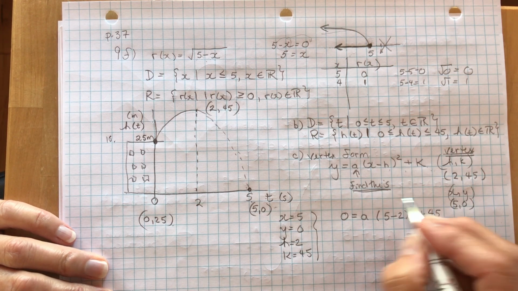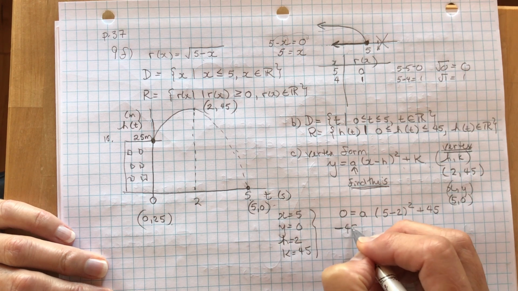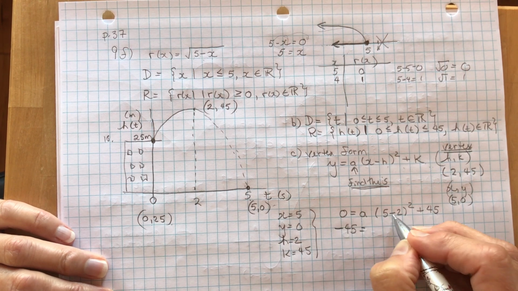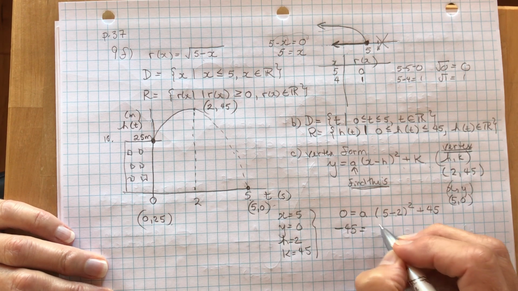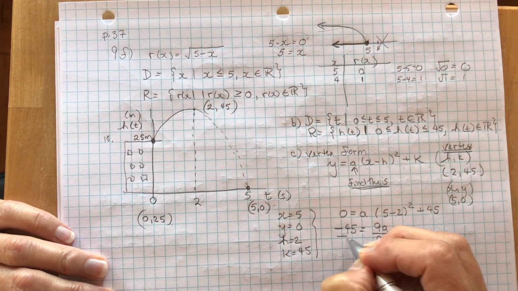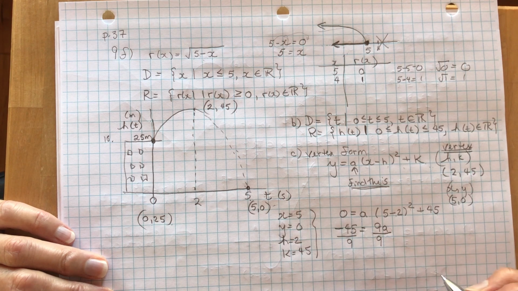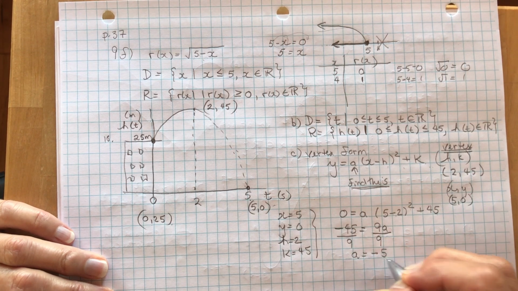So I'm going to bring the 45 over here, cross an equal sign, change the sign, becomes negative. 5 minus 2 is 3. Then I square it. 3 squared is 9. And 9 times a is 9a. To solve for a by itself, that's all I want, just the a, I'm going to divide by 9. And I get a is equal to minus 5.